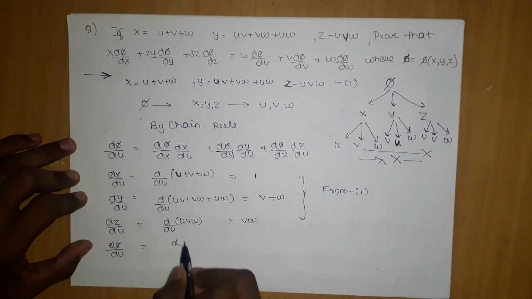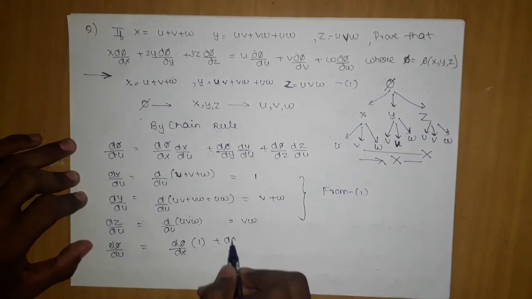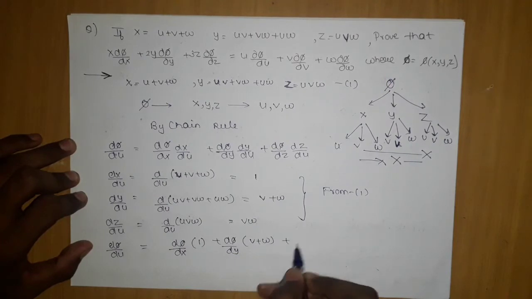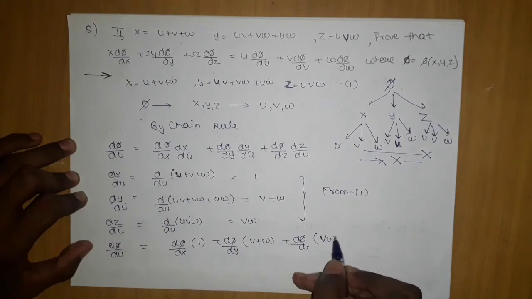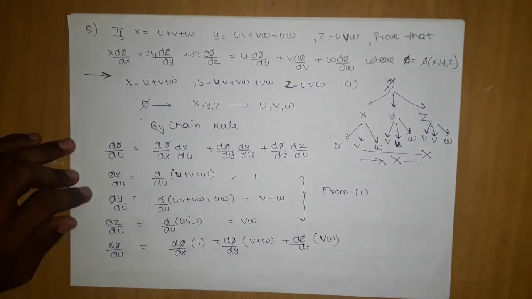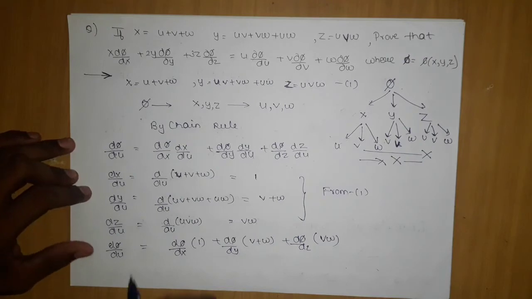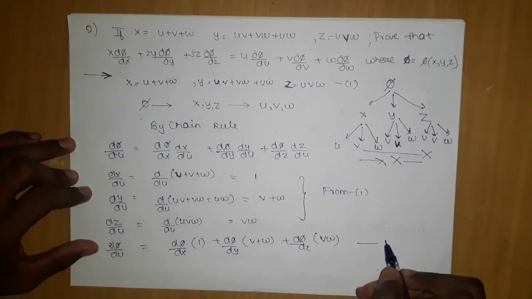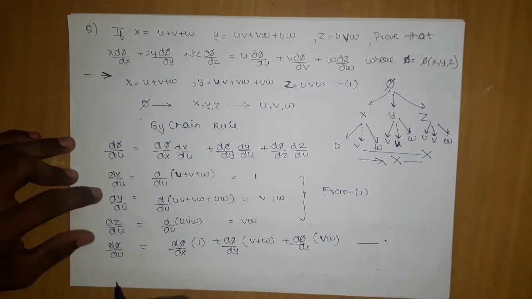∂φ/∂u is nothing but ∂φ/∂x into 1, plus ∂φ/∂y into v plus w, plus ∂φ/∂z into vw, right? Now we got one thing, ∂φ/∂u, and we have to multiply this with u.